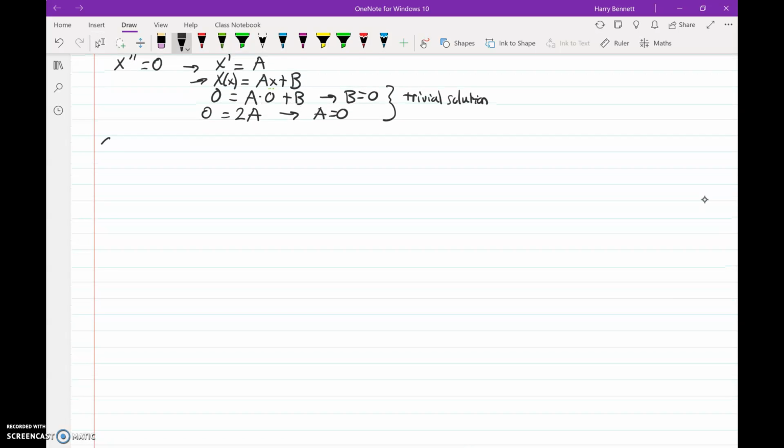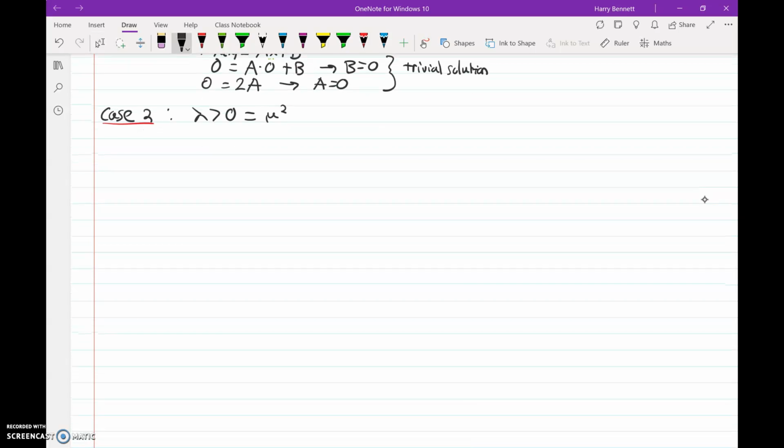So let's go to case 2. Case 2 is where lambda is greater than 0. So our ODE then becomes this. Now, how do we solve this kind of ODE? Well, we have to use an auxiliary equation.